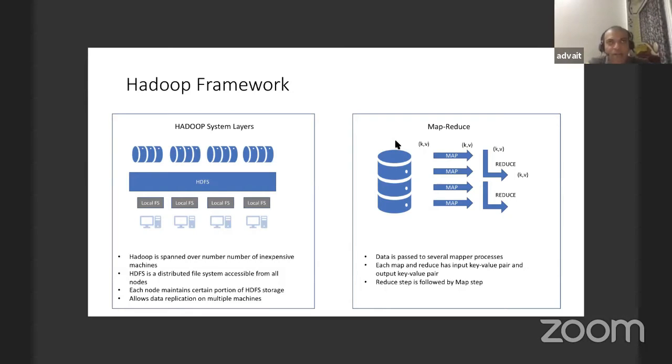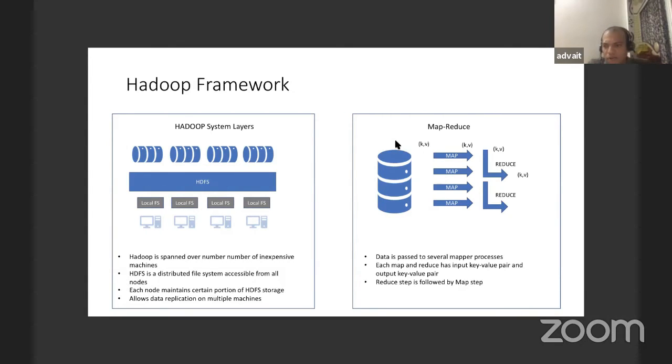Although 1 TB of RAM is available, it's expensive, and if the file goes beyond that, maybe to petabyte level, it's not possible to buy RAM of that size. That's why Hadoop and MapReduce can rescue us from this problem.